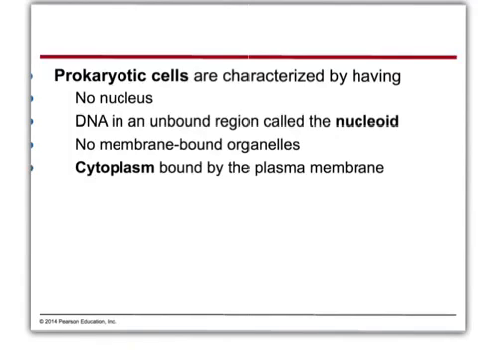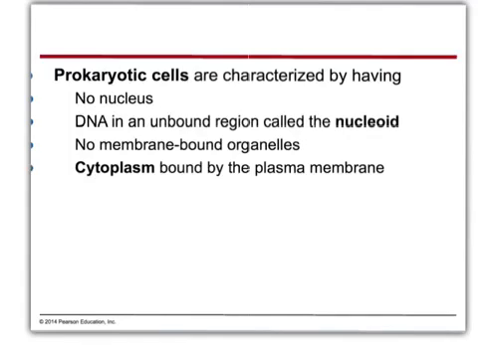They have an area where the DNA, the genetic material, is kept and clustered. It is not a nucleus because it is not membrane-bound. That area is called the nucleoid. There's no separation between the cytosol and the DNA.